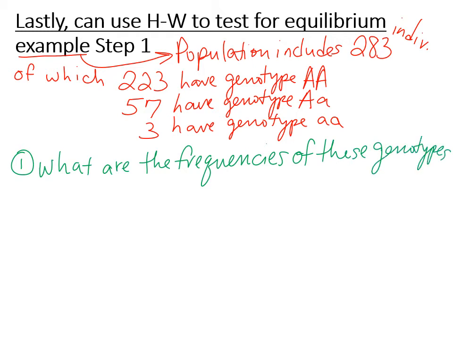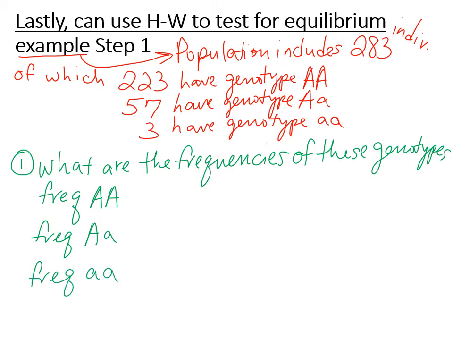And all that means is you need to translate numbers and language into math, right? So the genotype frequencies means we need the frequency of capital A capital A, the frequency of capital A lowercase a, and the frequency of lowercase a lowercase a.